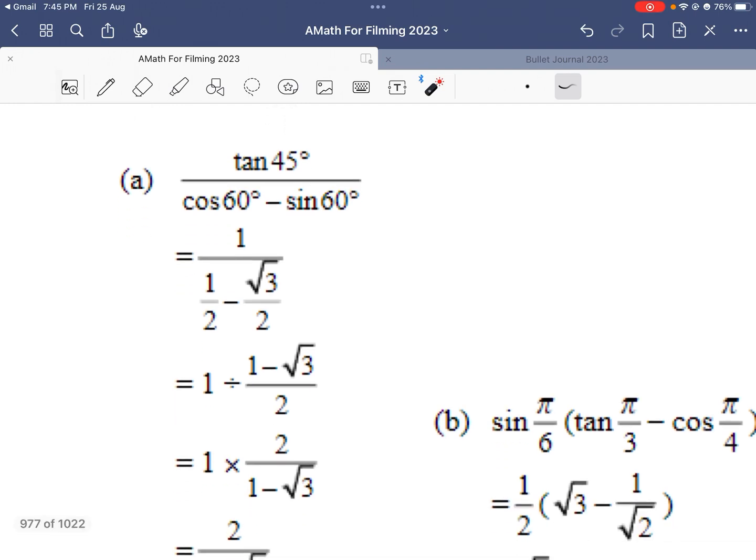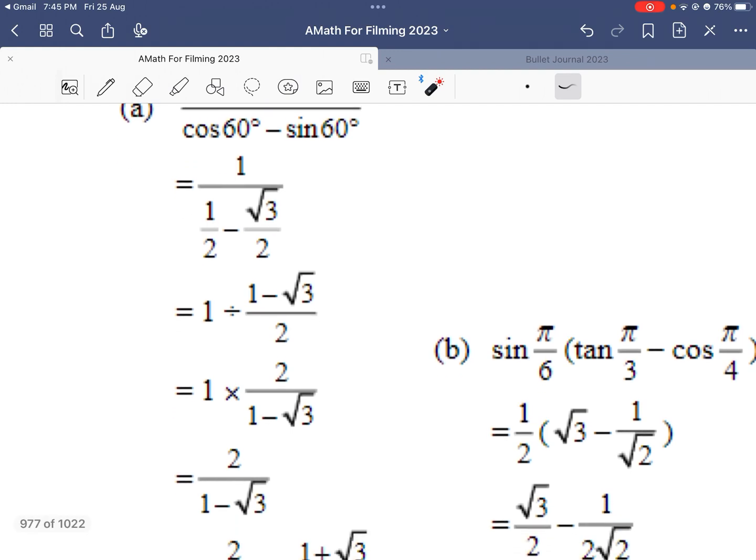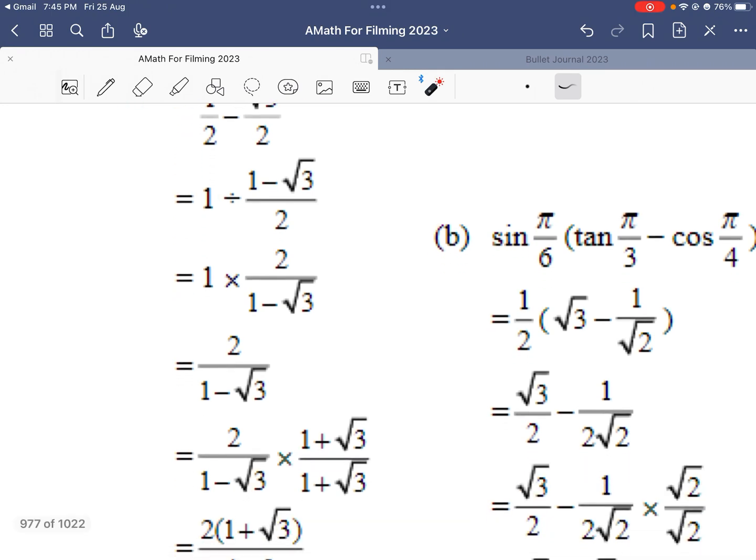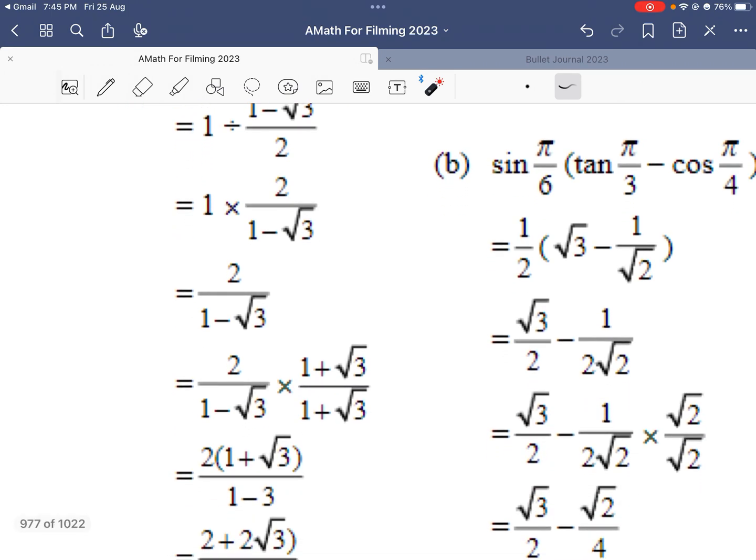So all that is left here is to simplify the surd. So what we have here is you combine the fraction at the denominator. Then you take the reciprocal. So we get this step here, 2 over 1 minus root 3. Then what we do here is rationalize the denominator.